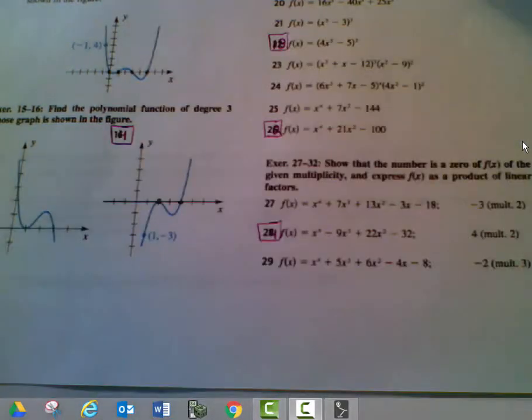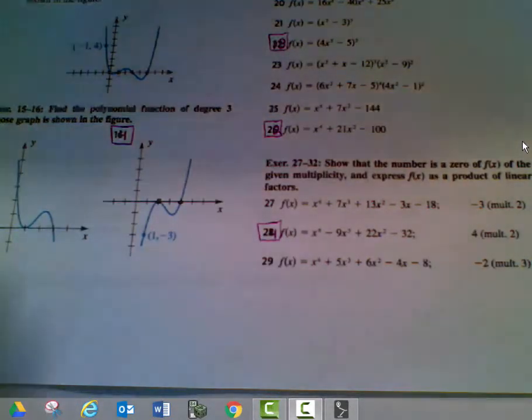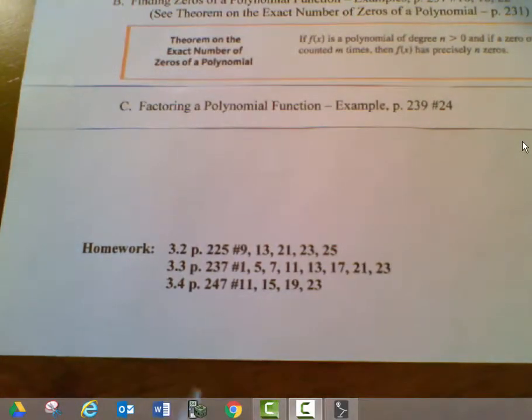And then the homework, I've retyped it on the notes that I sent you, because my old notes had the 12th edition page numbers and 12th edition homework problems. I've corrected this for the 11th version of the text. These are the correct page numbers.